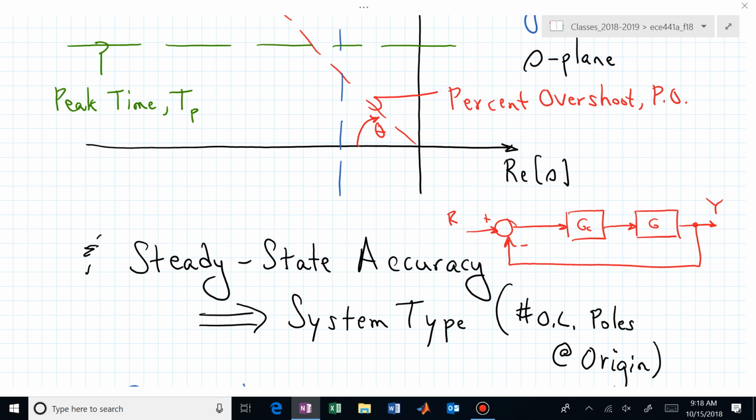So I hope you can appreciate that you're plopping a bunch of poles at the origin to try to make your steady state accuracy better, but now you're making your problem of stabilizing the system more challenging, or the transient behavior, because you've now located a lot of open loop poles right on this stability boundary. That's helped you for accuracy in the steady state, but it's maybe made it more difficult to achieve the transient behavior that you were looking for. There's that trade-off.